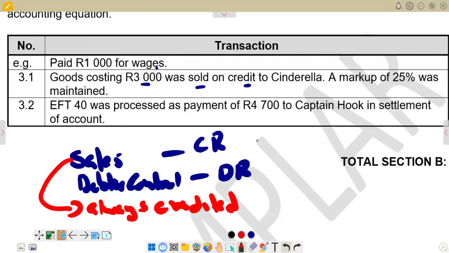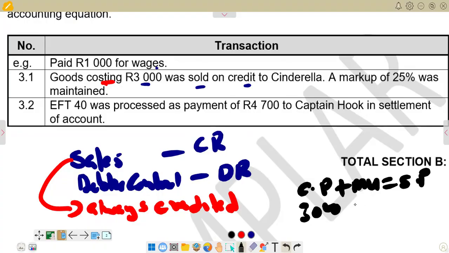So the amount that we have now is 3,000, but 3,000 is given at cost price. The figure that we want to enter here is going to be the selling price, of which remember our cost price plus our markup gives us our selling price. So what it means here is that our cost price is 3,000.